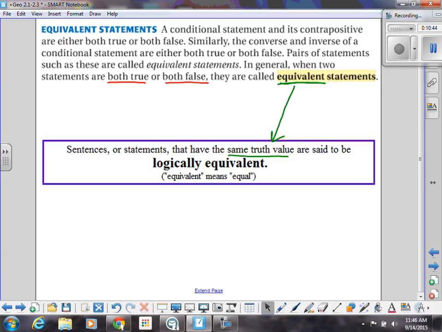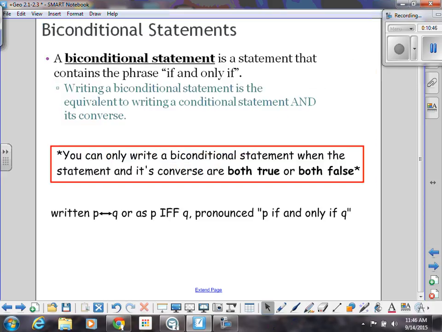All right. Now, another kind of statement is a biconditional statement. All right, so this is going to contain the phrase, if and only if. That's how you know you've got a biconditional statement if you see that phrase, if and only if.